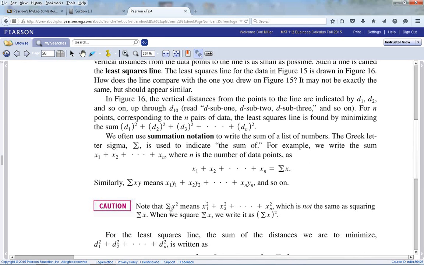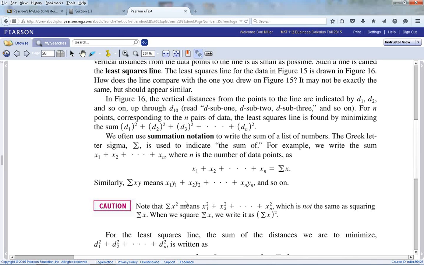Now keep in mind that the summation of x squared means take each x value and square it and then add it together. So x1 squared plus x2 squared plus x3 squared plus all the way up to x sub n squared.